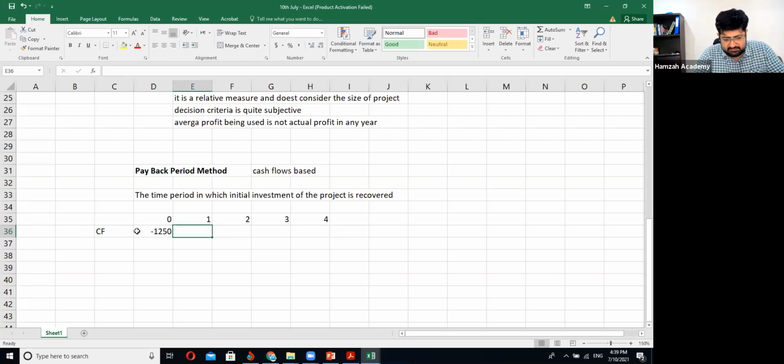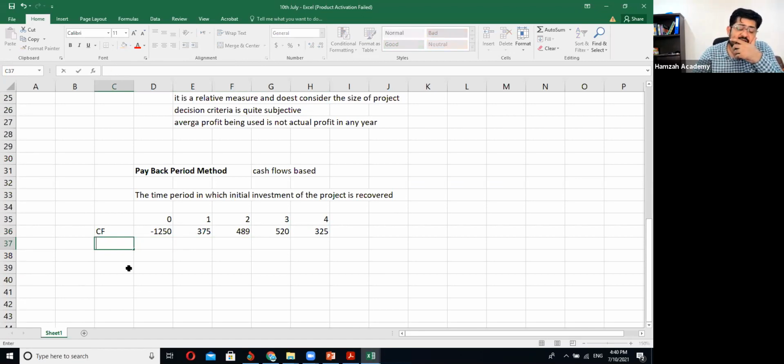Investment is negative. 375, 489, 520, 325. These are the cash flows of the project. Now we need to calculate payback. How to calculate? We will make another row, cumulative cash flow. Cumulative means total to date.